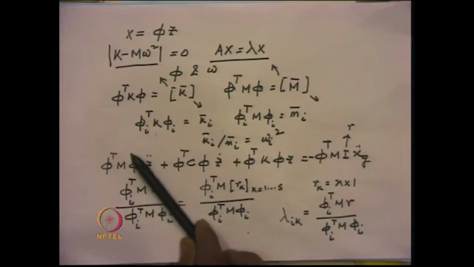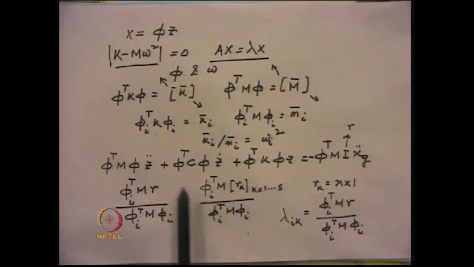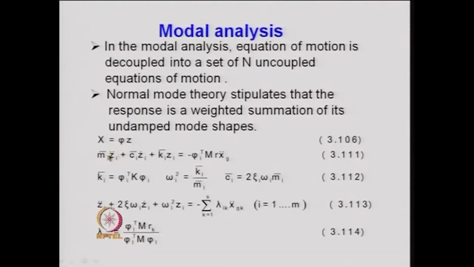So, each one of these equations is independent of the others, that is, one can write an equation of this form: m bar I into z double dot I, plus c bar I into z dot I, plus k bar I into z I. This is the ith equation, and z I is a single variable.